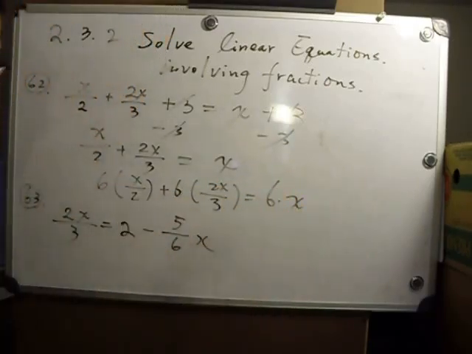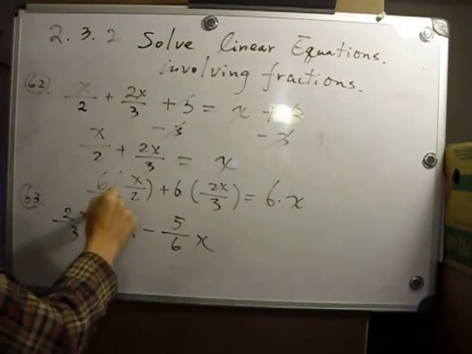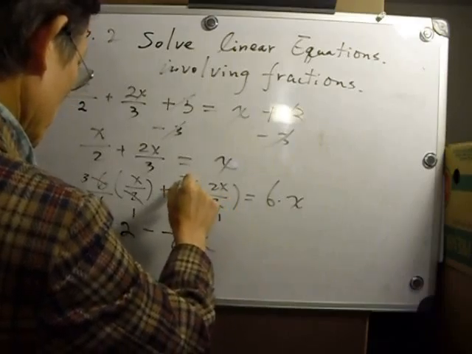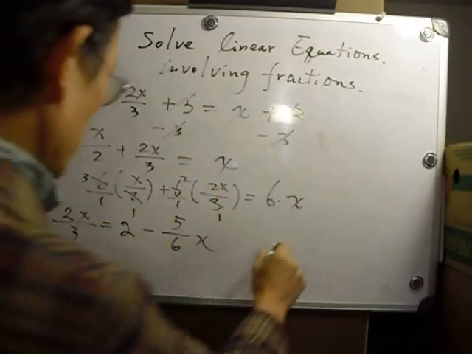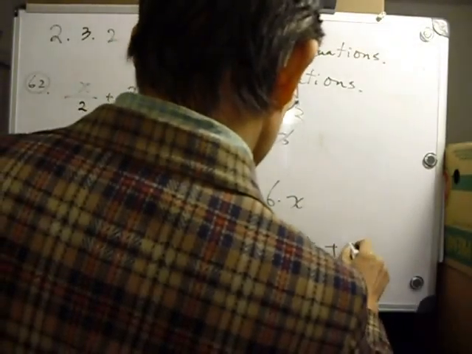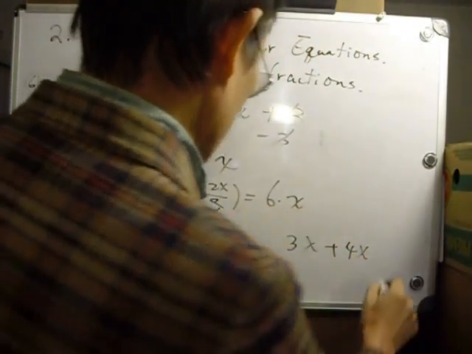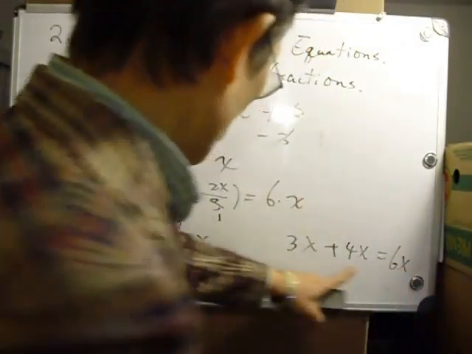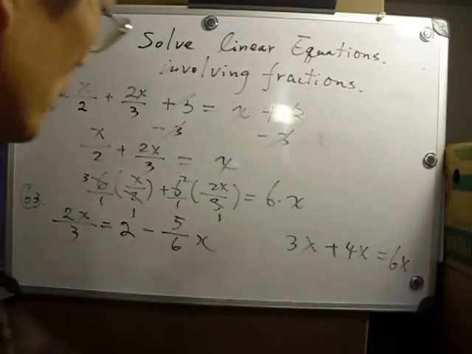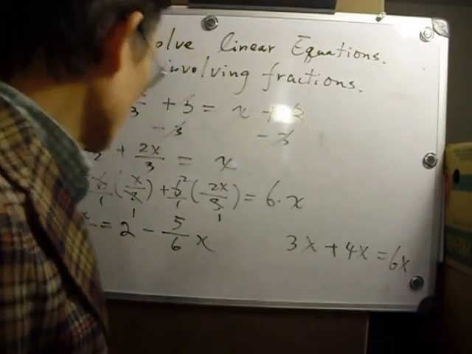This uses the multiplication property of equality. That 3, this is 1 and 2. So as you can see, 3 times x, 3x. And then 2 times 2x, 4x. And then 6 times x, 6x. This will be the same as the previous example. Eventually you get x equals 0.